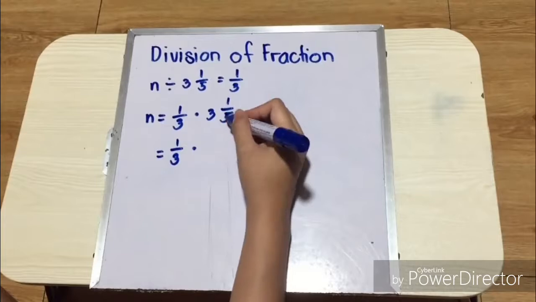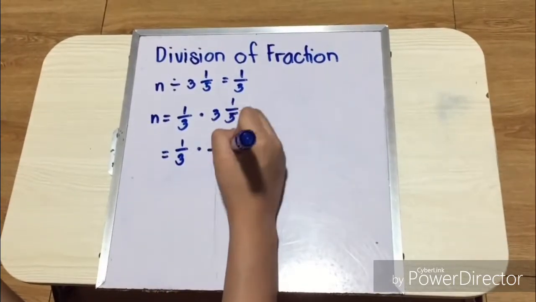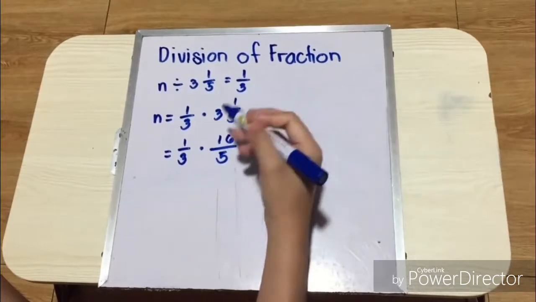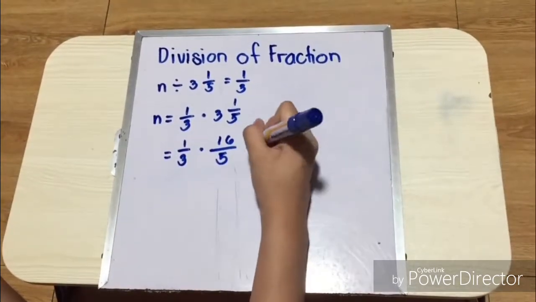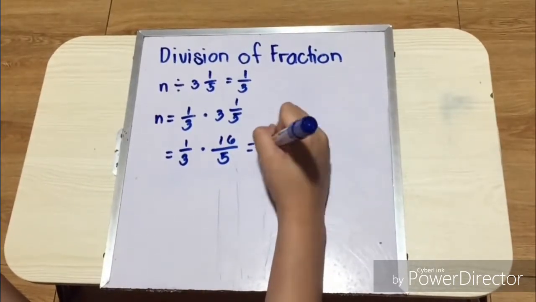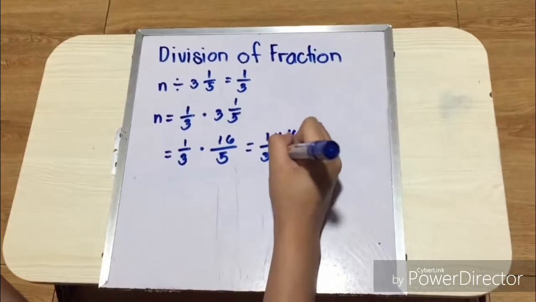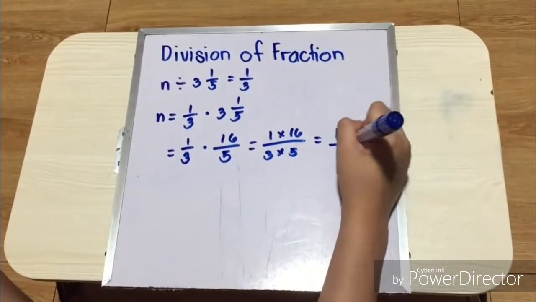To multiply this, we will just make 3 and 1/5 into an improper fraction, 16 over 5. Then we will multiply it. 1 times 16 over 3 times 5 equals 16 over 15.